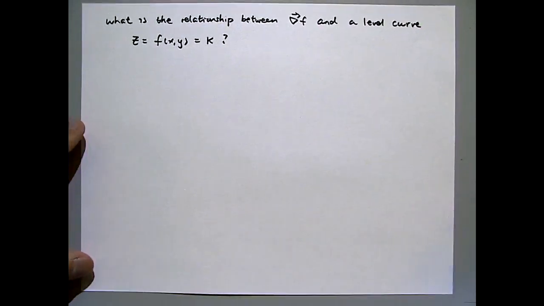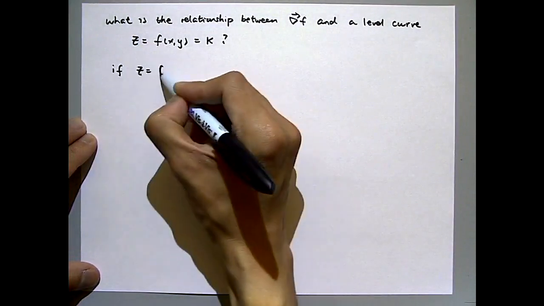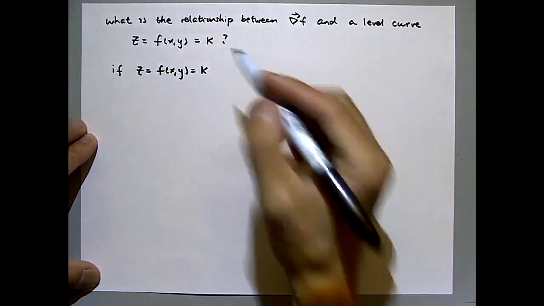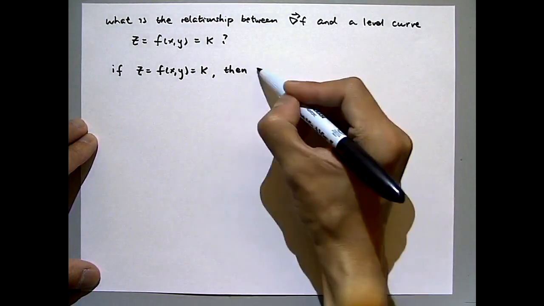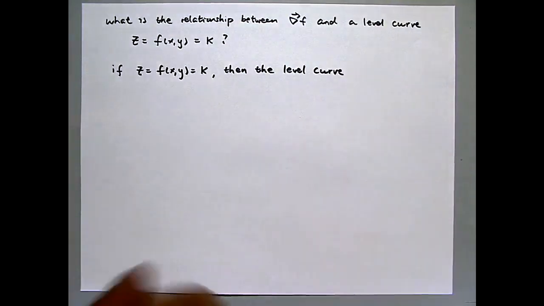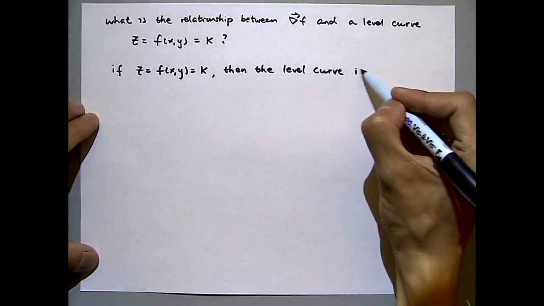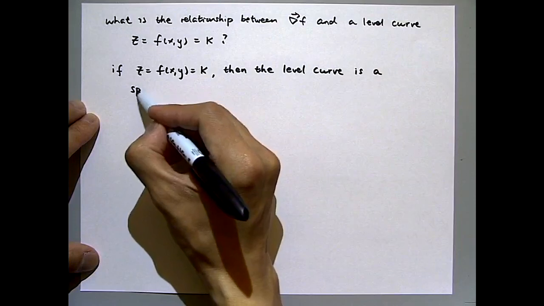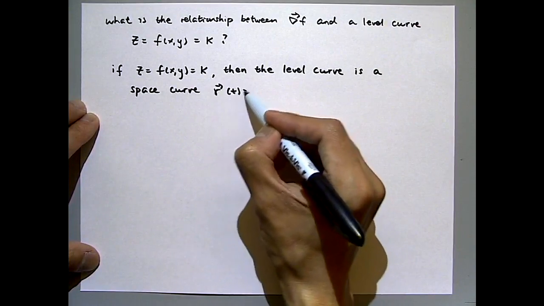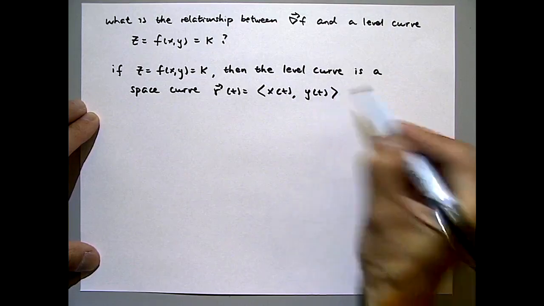Okay, so here's how we can explain what we just observed. If you make z equal to a constant, then instead of a surface, we get a curve. And that curve is a space curve, r of t is equal to some function x of t, some other function y of t.